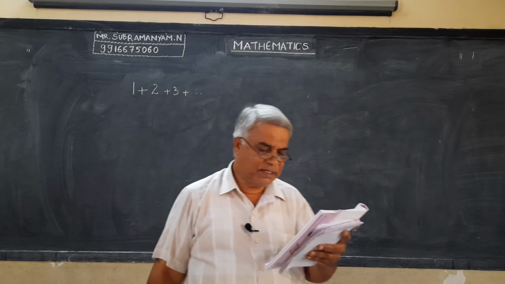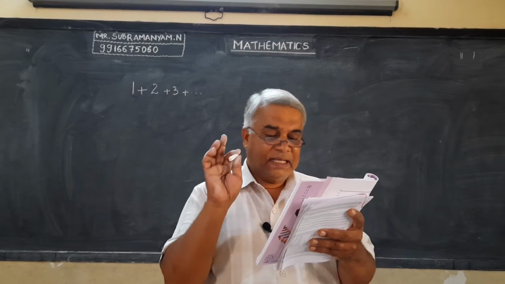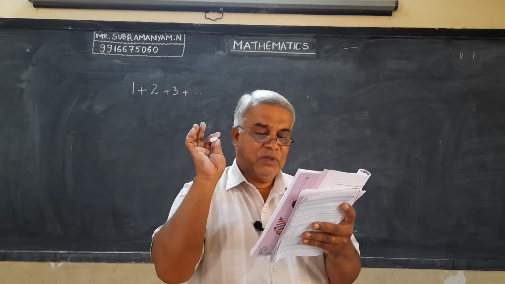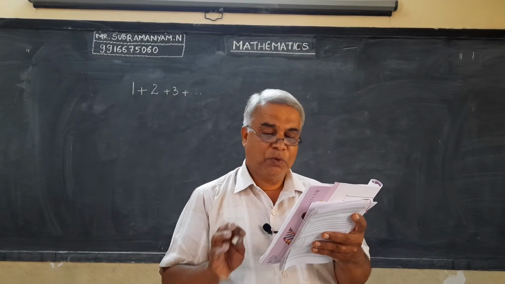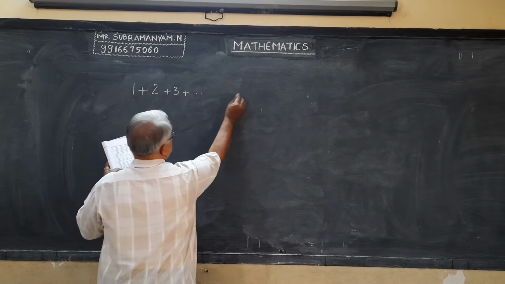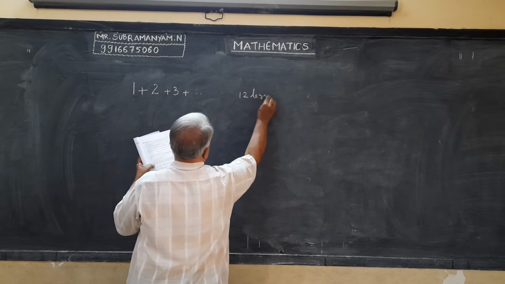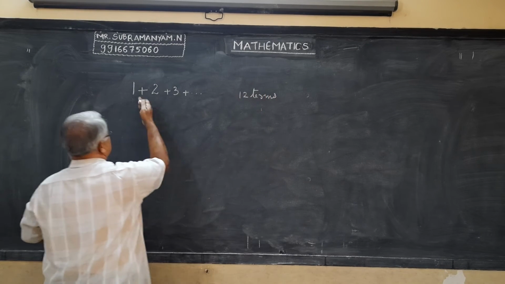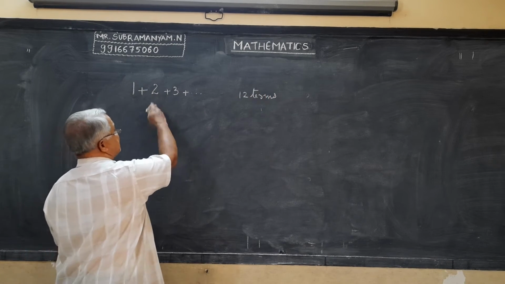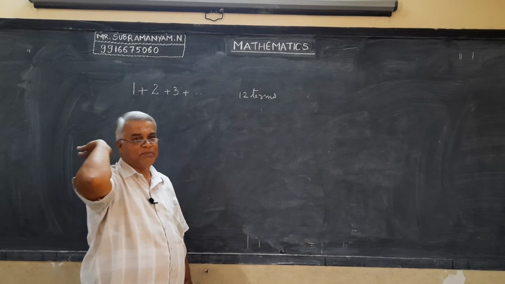How many classes are there? From class 1 up to class 12. That means 12 terms. First class, first term. Second class, second term. Third class, third term. 12th class, 12th term.